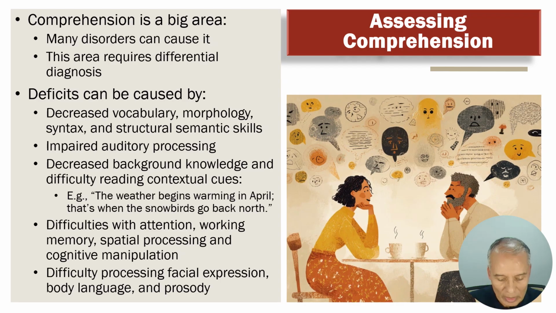Maybe the person doesn't have a good background, doesn't have enough experiences in life. So you need to do differential diagnosis to determine if there's a comprehension impairment. Is it based primarily on lack of language skills that facilitate comprehension, or are there other issues that may be causing that?